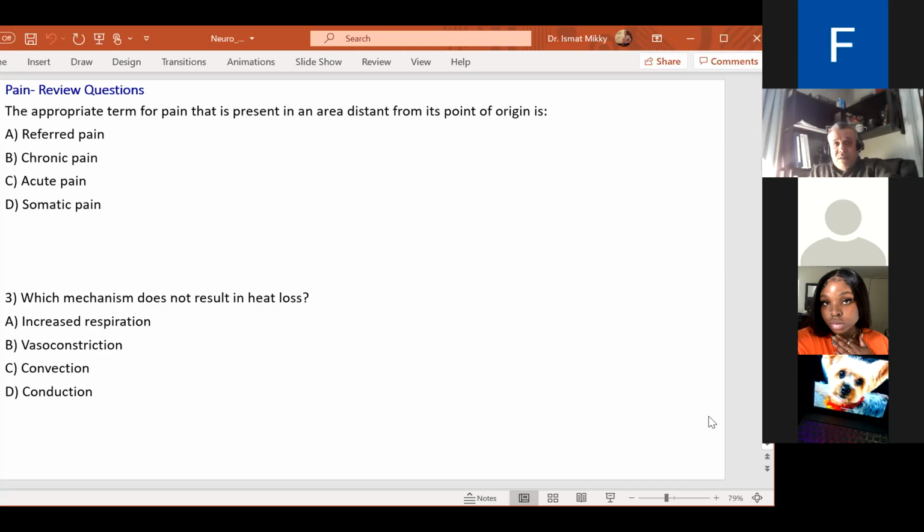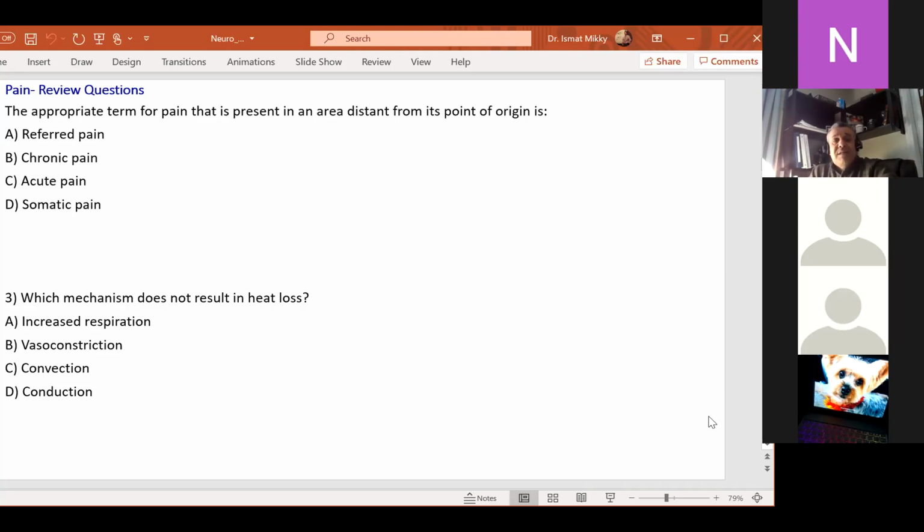Next. Other volunteers. The appropriate term for pain that is present in an area distant from its point of origin is referred pain. Yes. So referred pain is pain that is present in an area removed or distant from its point of origin.